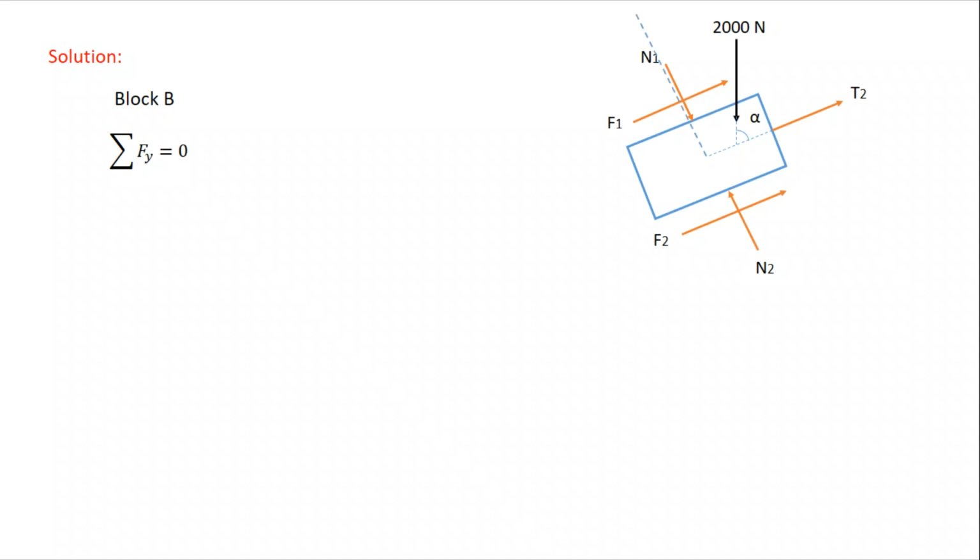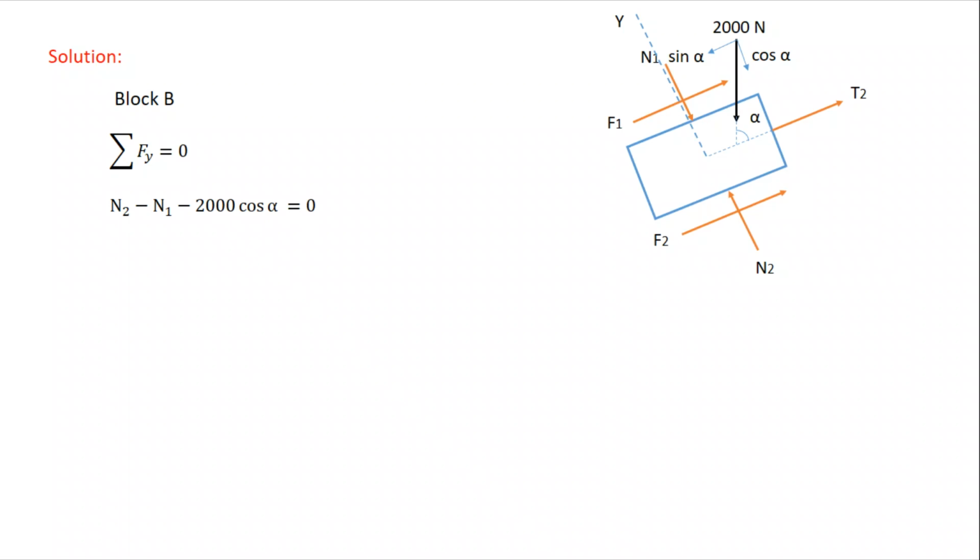So taking the equilibrium condition, where is the y direction? You can see in the diagram, this is the y direction. The 2000 Newton load is again resolved into cos and sine components, cos alpha and sine alpha.